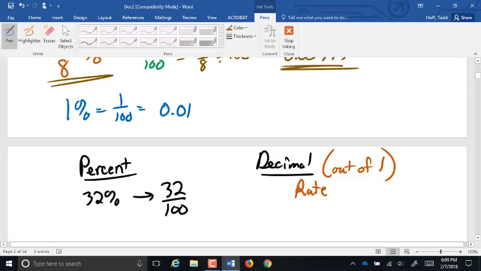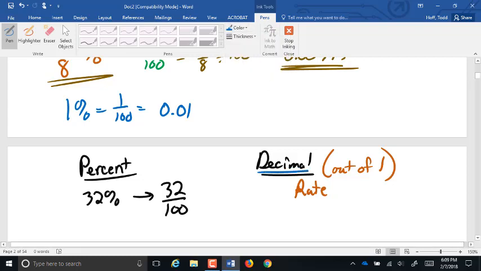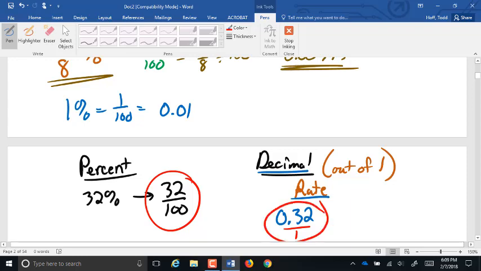And a rate is technically a unit rate, is always per 1, for every 1. So that makes sense that the decimal form or the rate form would be 0.32. Because technically that's 0.32 out of 1, for every 1. 32 out of every 100 is equivalent to 0.32 out of 1.